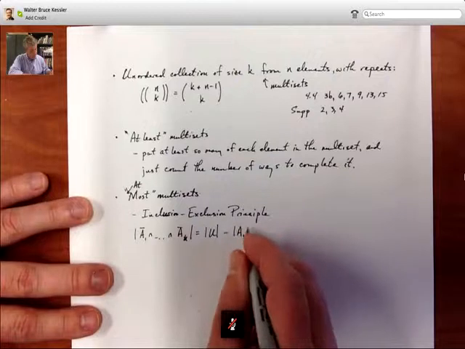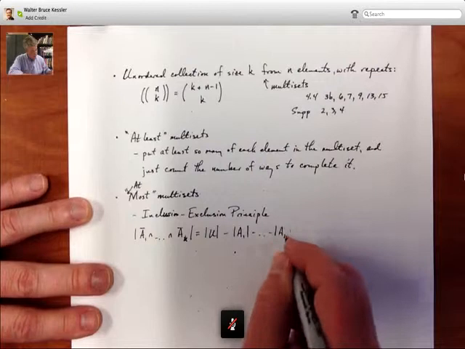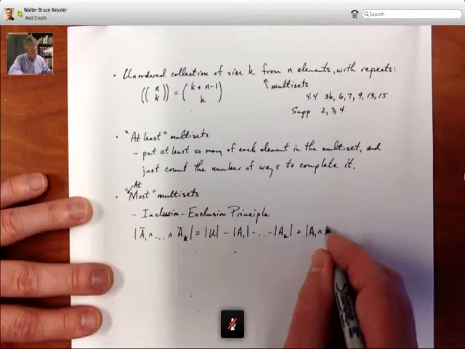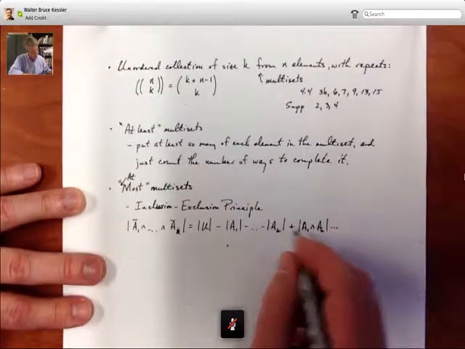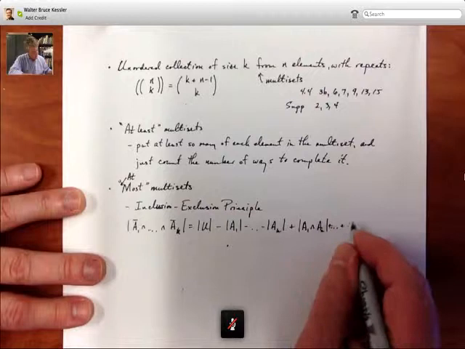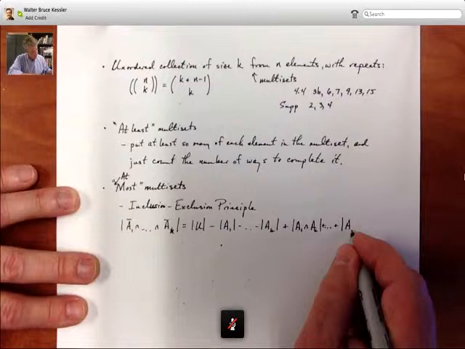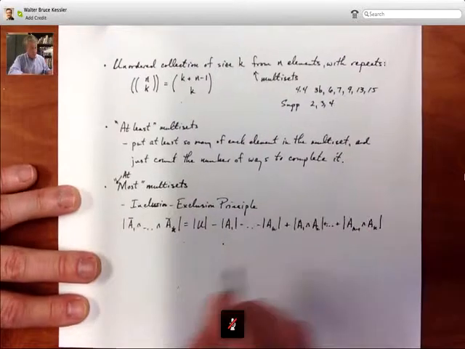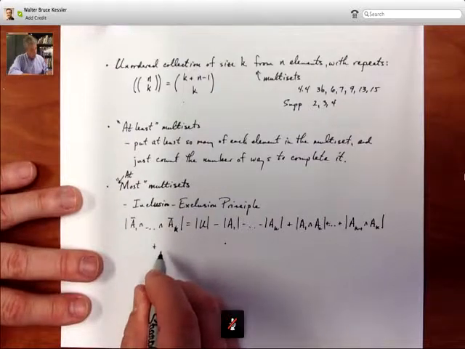minus all the singles, then plus the doubles, A1 intersect A2, and on out till you get all the pairs, K minus 1 and K, and so on.